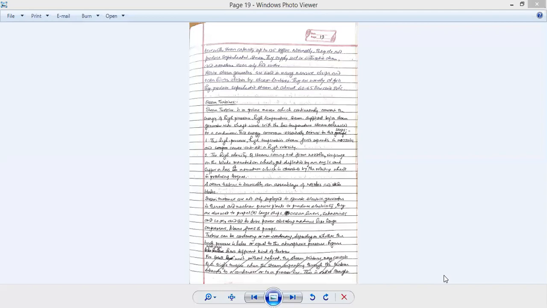So their application is to run the ship, whatever the capacity, small, medium, or big, and they are used according to that.